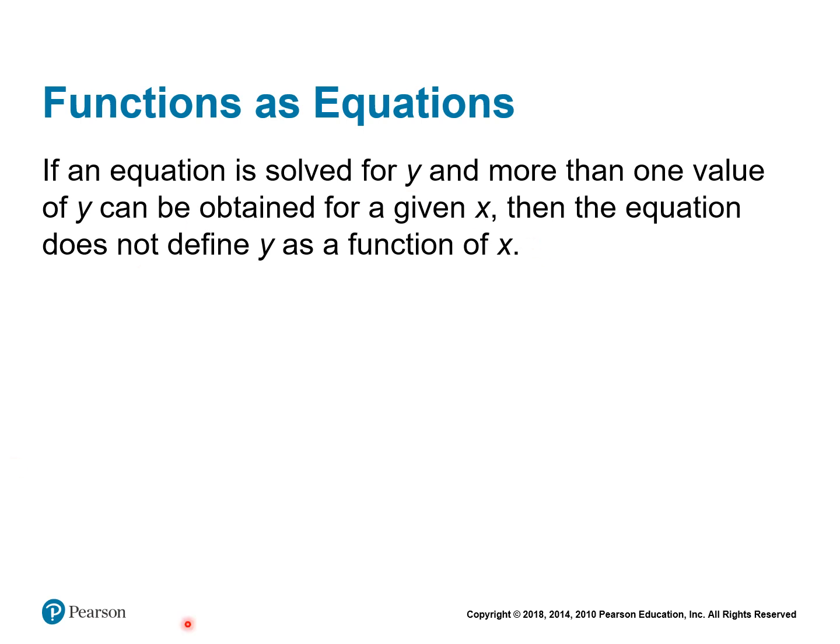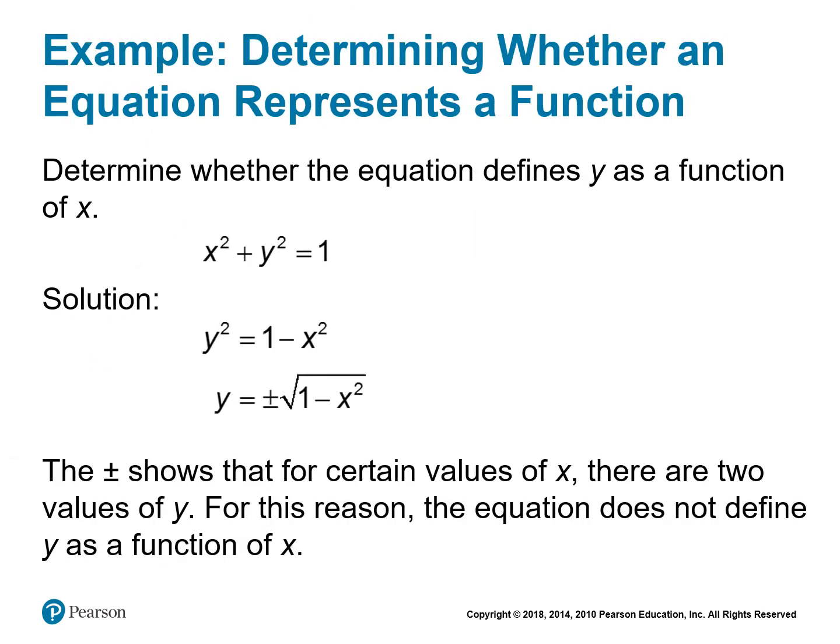Here is an example of how we can determine whether a given equation is a function or not. Here we have been given a particular equation, x squared plus y squared equals 1.